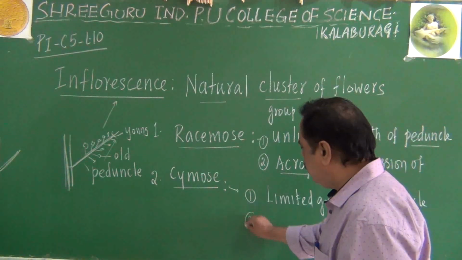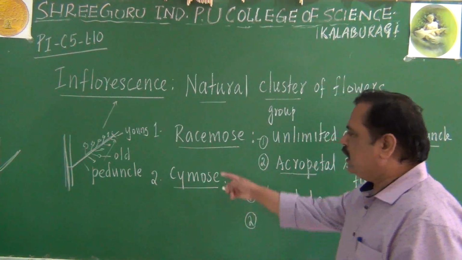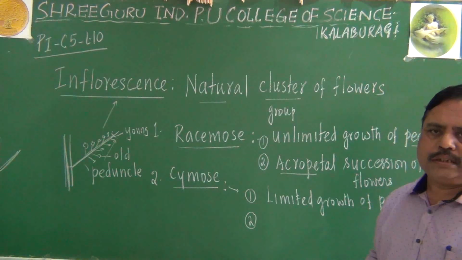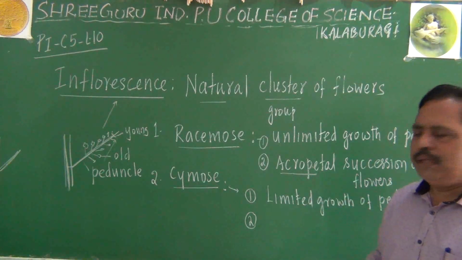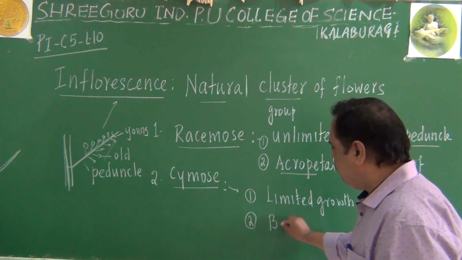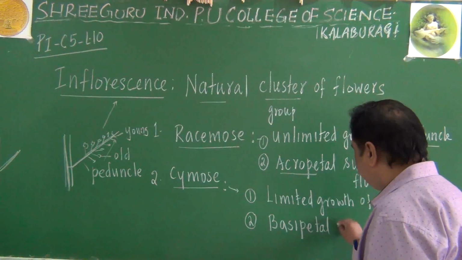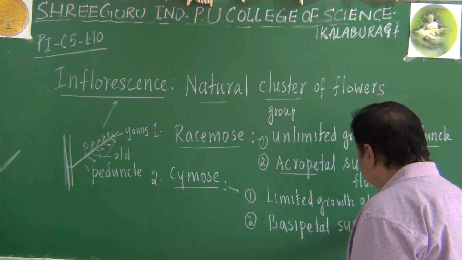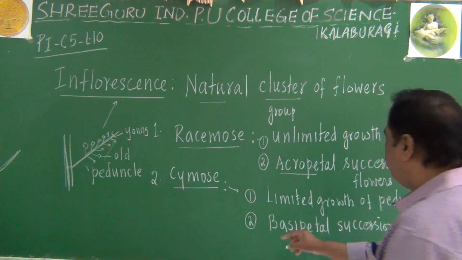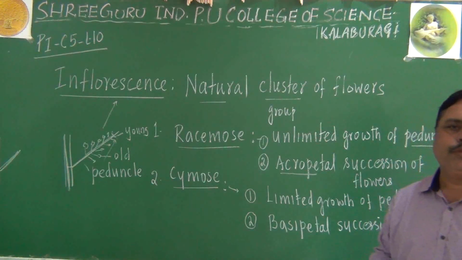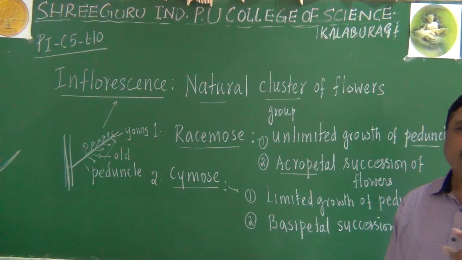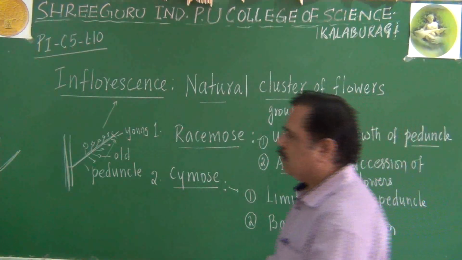The second point we have to remember is that in cymose inflorescence, there is no acropetal succession, but there will be basipetal succession. What is meant by basipetal succession?